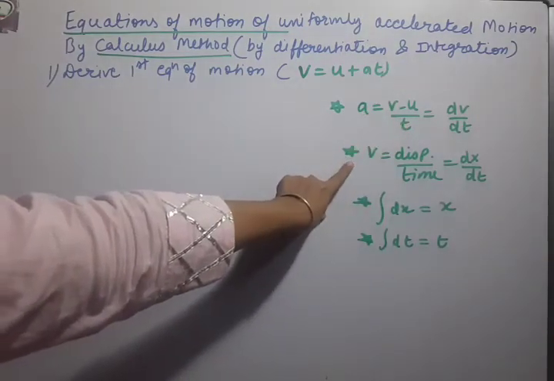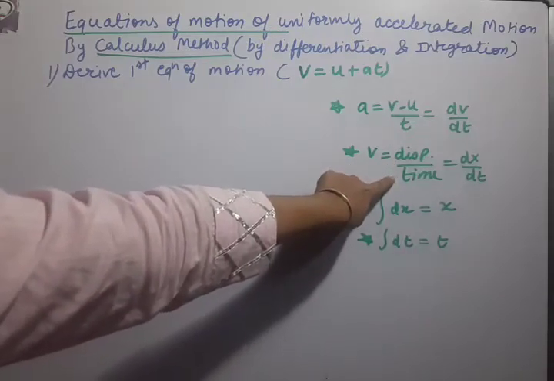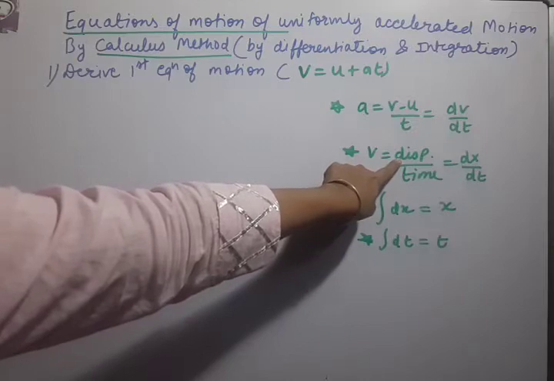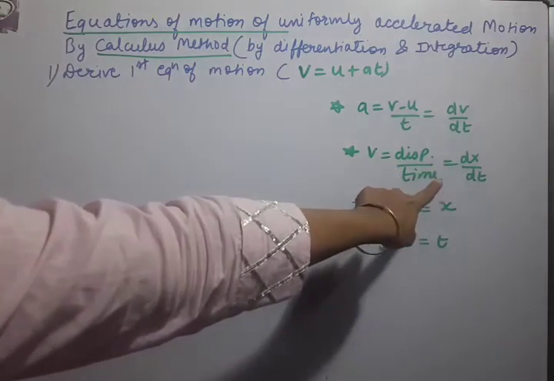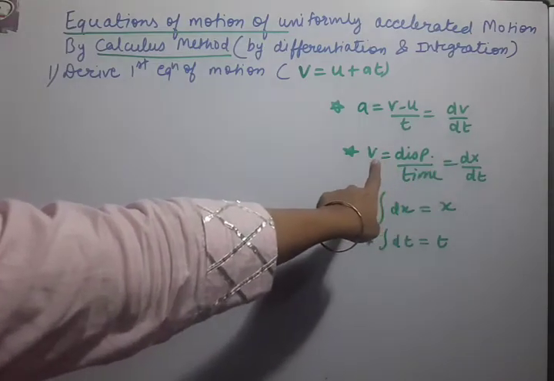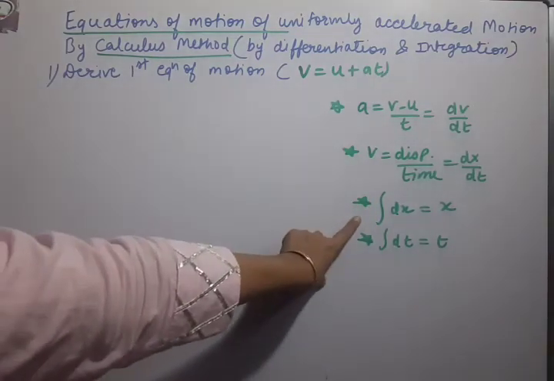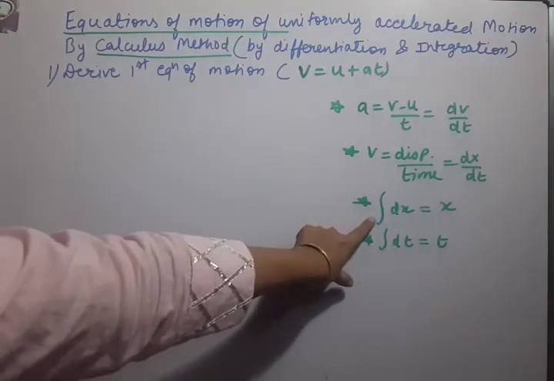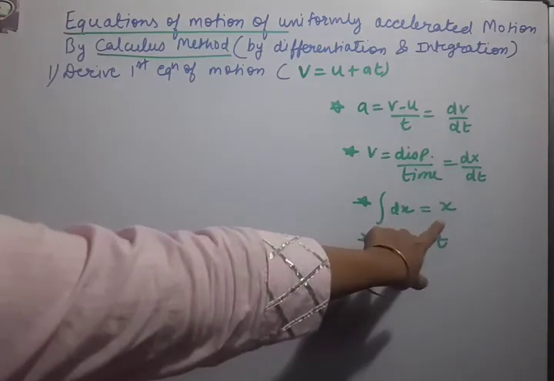Second formula is velocity, which we use as displacement upon time. So now onwards displacement, small displacement, we will be writing as dx, and with respect to time is dt. So dx upon dt is the formula for velocity. Okay, in the same manner some integration terms, like we have studied integration of only dx is x.